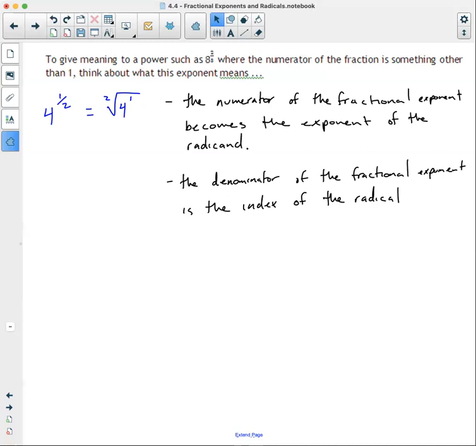Okay, so the denominator becomes the index. Okay, and the numerator becomes the exponent of the radicand.